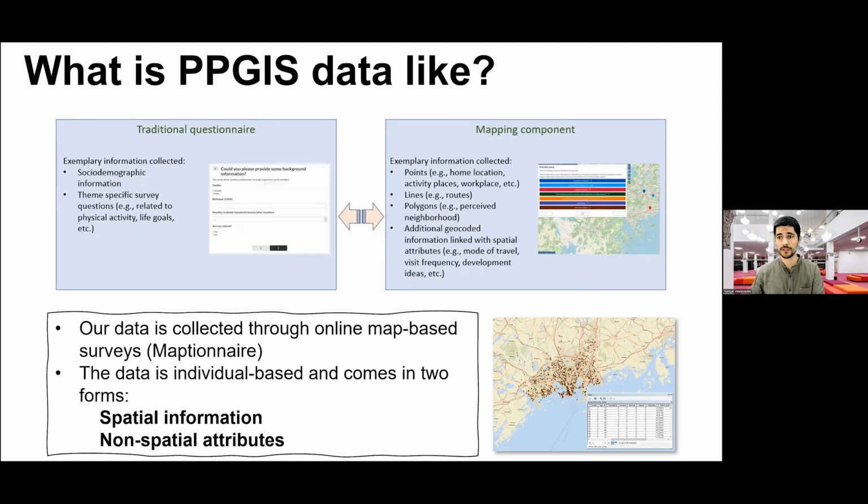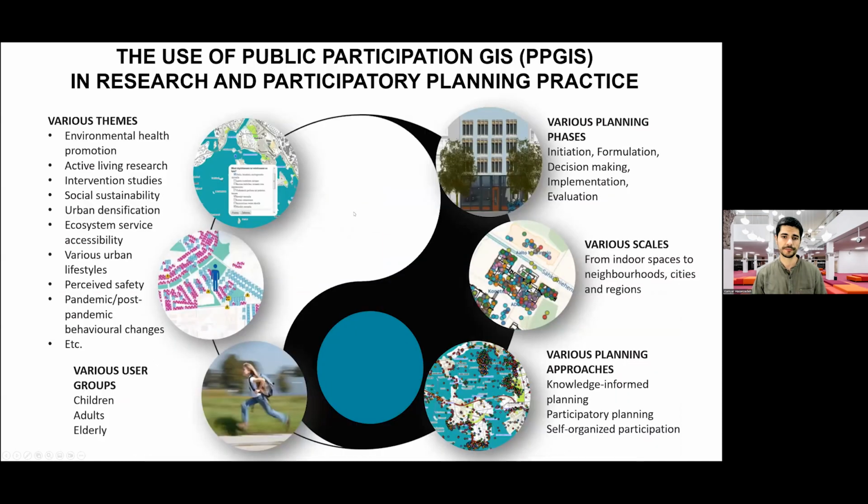So it's a combination of spatial information, with coordinates, and attributes. If a person has marked a place, they have usually answered a number of questions about that place, whether they like or dislike it, how they feel about it, or how they want the place to be developed in future. This extra information will appear as extra attributes or columns in the data. So the data is very simple in format and easy to analyze and visualize.